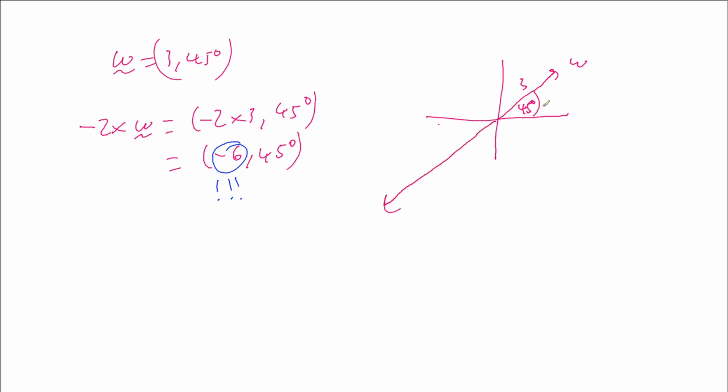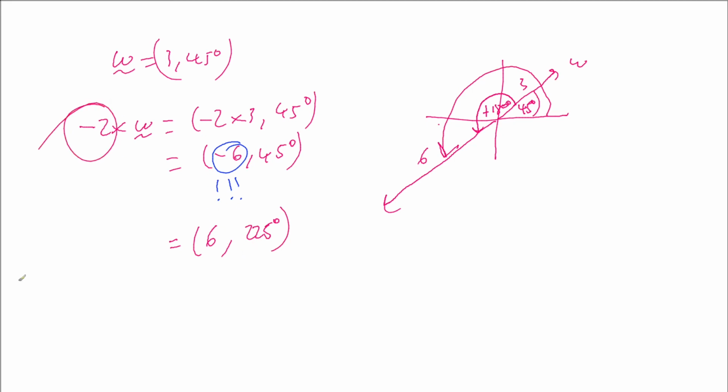So a magnitude of negative 6 is really a magnitude of positive 6 in the opposite direction, which means I need to add an extra 180 degrees to work out my overall angle, which in this case would be 225 degrees. So if I've got a polar vector and I'm multiplying by a negative scalar, my magnitude ends up negative, which means I need to make it positive by adjusting the angle.